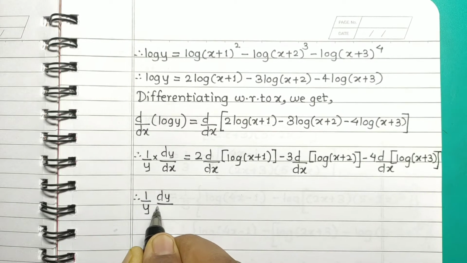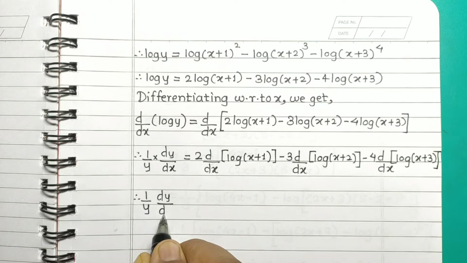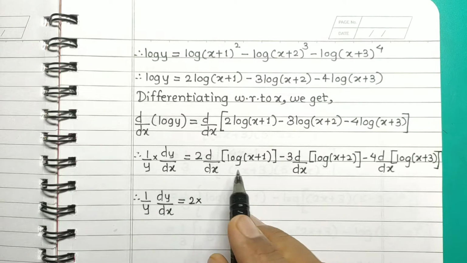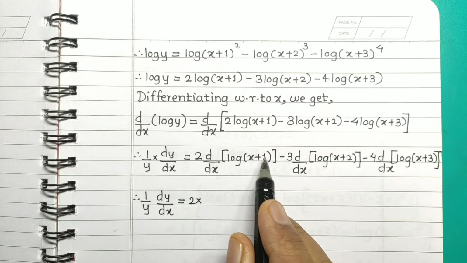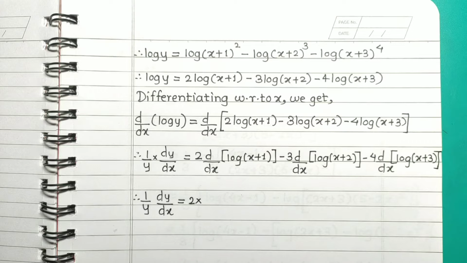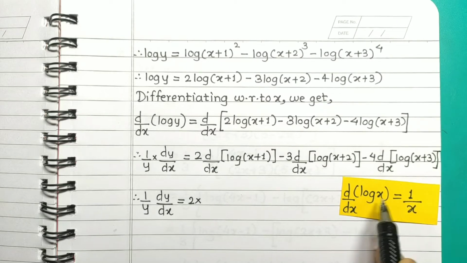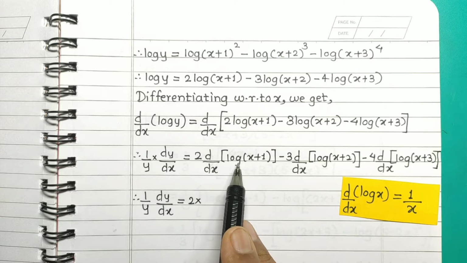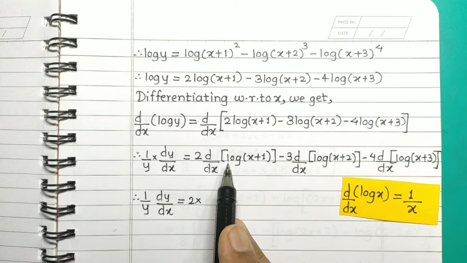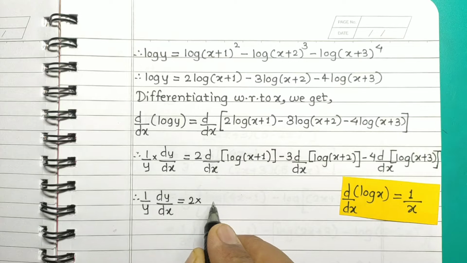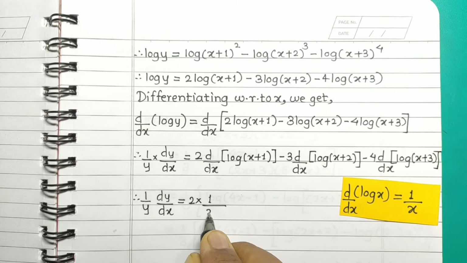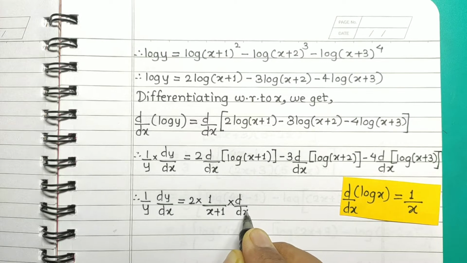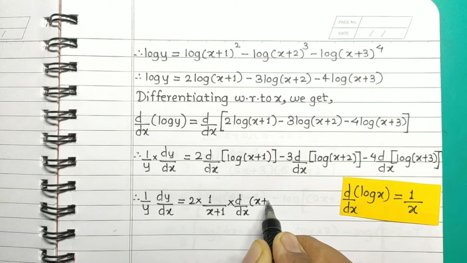So 1 upon y into dy by dx is equal to 2 into the derivative of log of something, and we know that the derivative of log x is 1 upon x. So it is a composite function. Let's treat it as log of something. So its derivative is 1 upon something, 1 upon (x plus 1), into the derivative of something, which is x plus 1 here.